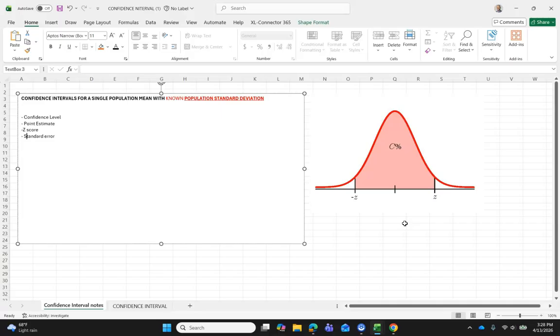So it may not be exactly the same. However, we will create some margins of error. And I think I mentioned it. And so today we're going to learn what is margin of error.